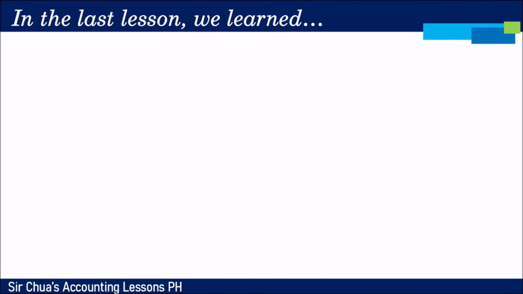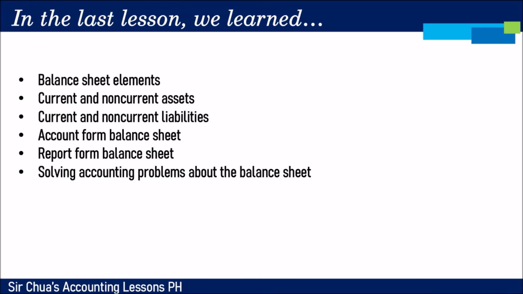In the last lesson, we learned the different elements of the balance sheet, which is assets, liabilities, and capital. And then we know how to differentiate when an asset and a liability is current and when it is non-current. And then you also know how to prepare the balance sheet under the account form and the balance sheet under report form.